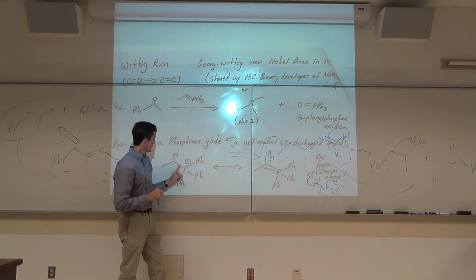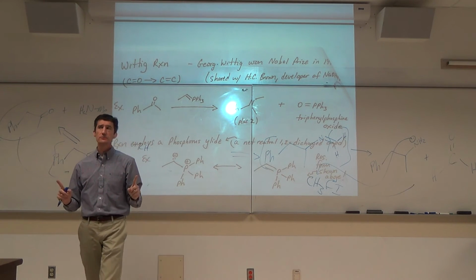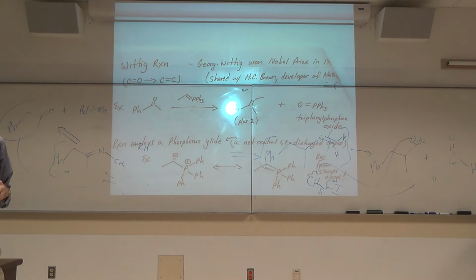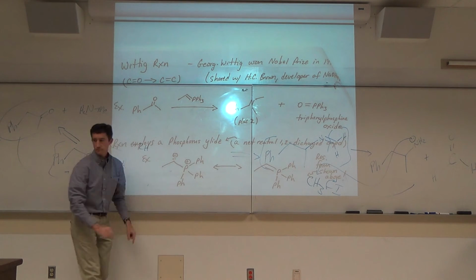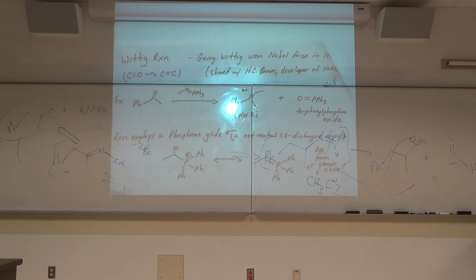If they're not next to each other, it's not called an ylide, it's called something else, maybe a betaine. I think all of these that are discharged are zwitterions, but ylides is where they're next door to each other. Where that name came from, I don't really know.